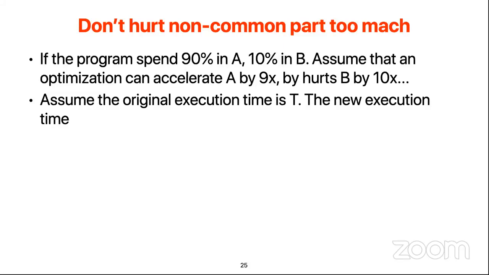Another thing: when we focus on the common part, sometimes we think that the non-common part doesn't matter, right? So look at this. A program spends 90% in A and 10% in B, and assume an optimization can accelerate A by 9 times but hurts B by 10 times.